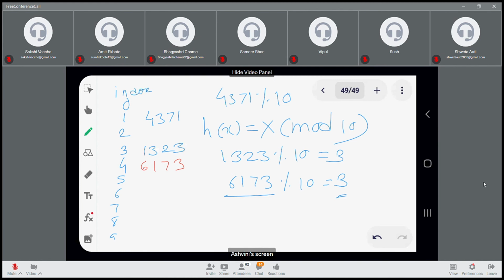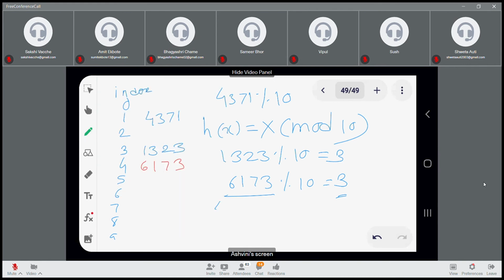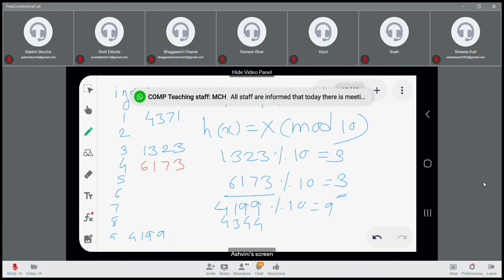Now next is 4199. Now 4199 mod 10 is equal to 9. So I am going to place it at index 9. 4344 mod 10 is equal to 4.